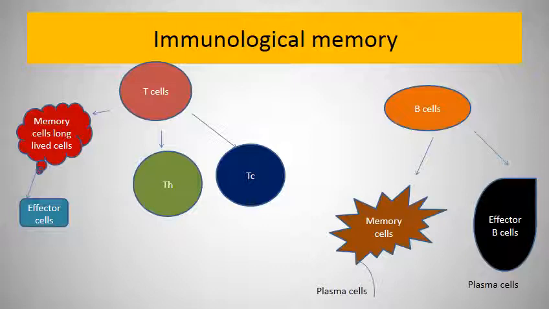B cells also produce the effector cells, which are plasma cells, and memory cells also are produced if the same antigen is confronted later in their life.